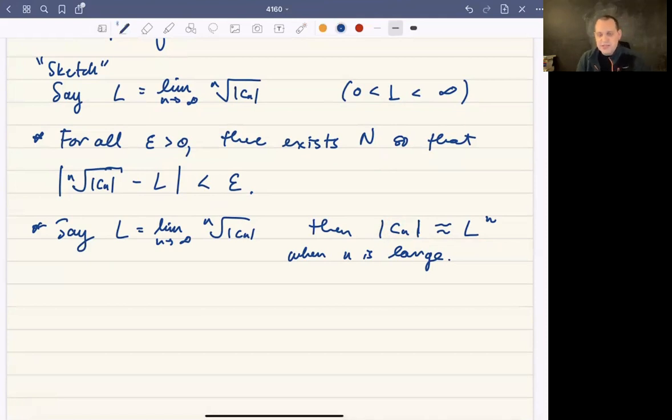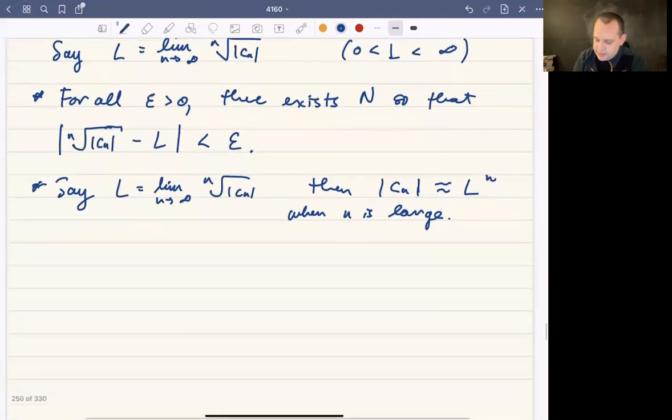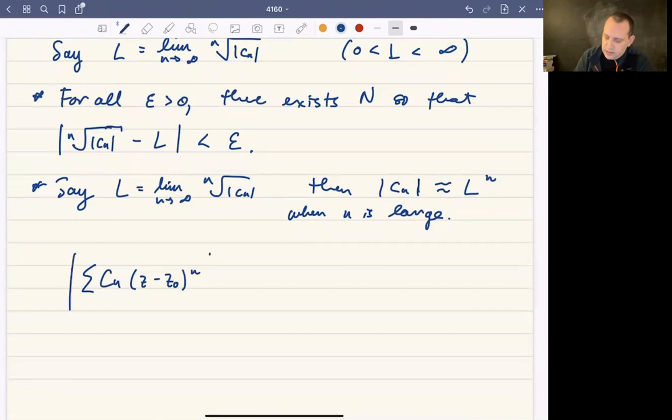The reason why this is helpful is now think about this series. If you take the series of C sub n times z minus z naught to the n, I'm going to apply the triangle inequality. This will be less than or equal to the modulus of C sub n times the modulus of z minus z naught to the n.